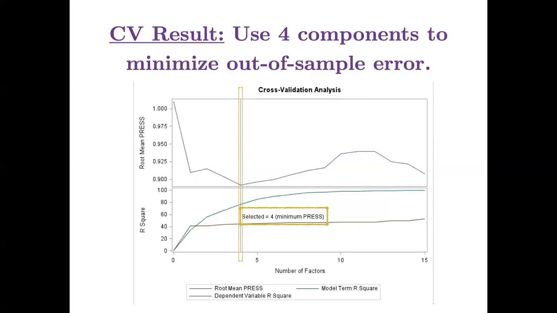The first graph you'll see in the output is the cross-validation result. It selects 4 components to minimize out-of-sample error. So this is like the answer to the cross-validation: 4 components is best. On the top, you can see that with 4 components, the average error for cross-validation was less than 0.9.